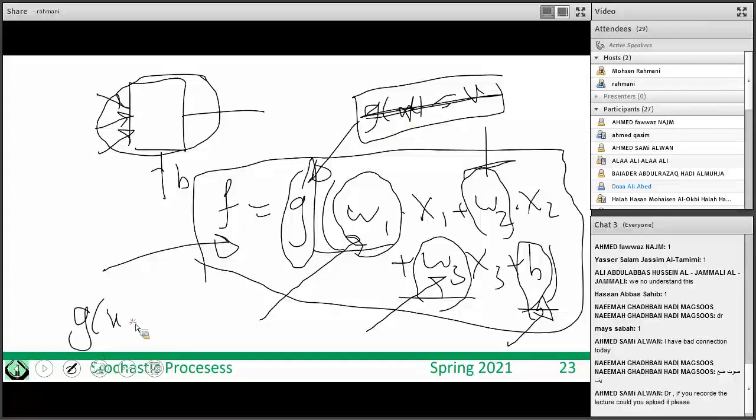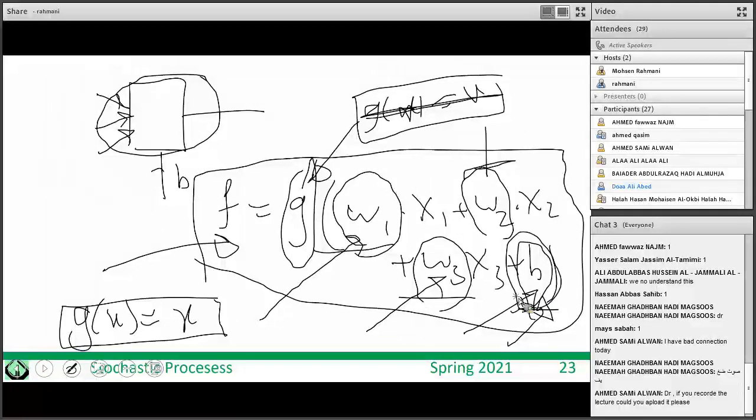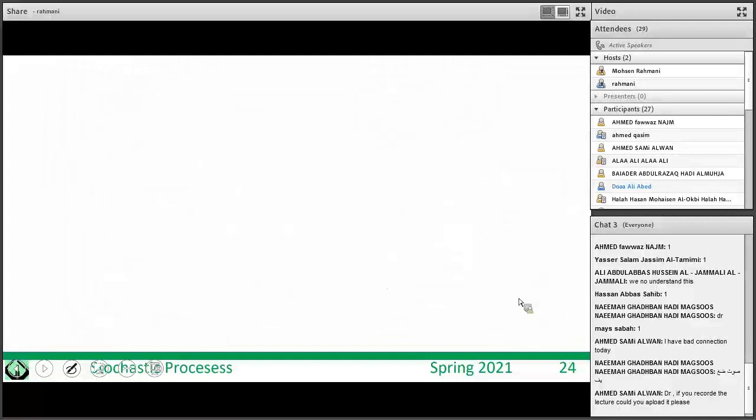But generally this is not true. g of x is not x in general. And in my example, I had no bias b, but generally we have bias. But the solution is similar.